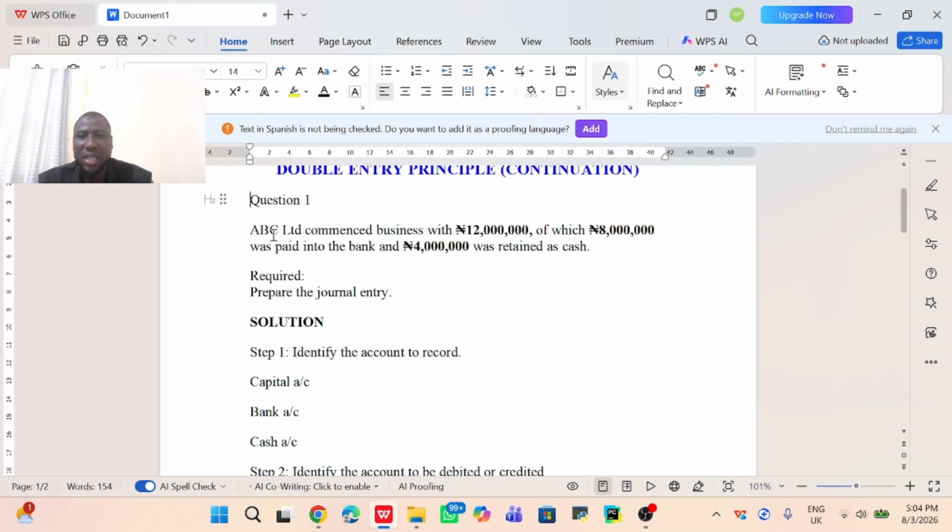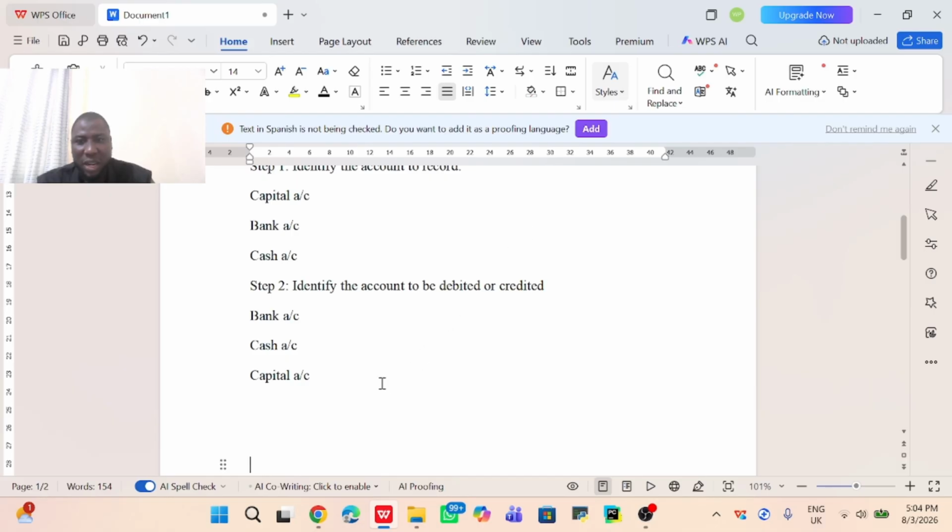The question says that ABC Limited commenced business with 12 million naira. That means our capital is 12 million naira.